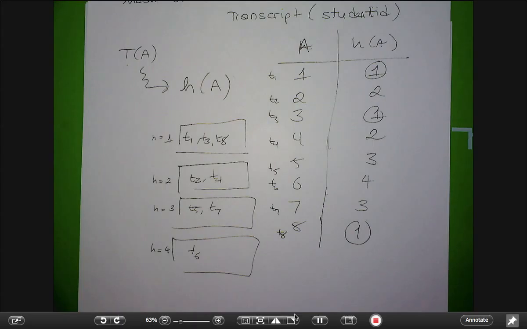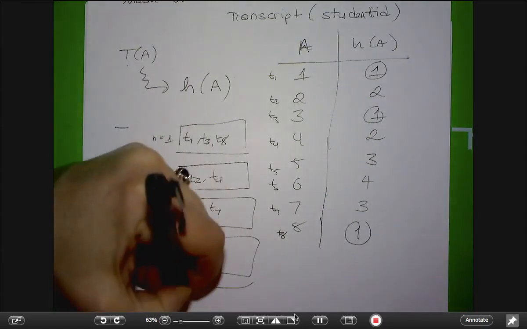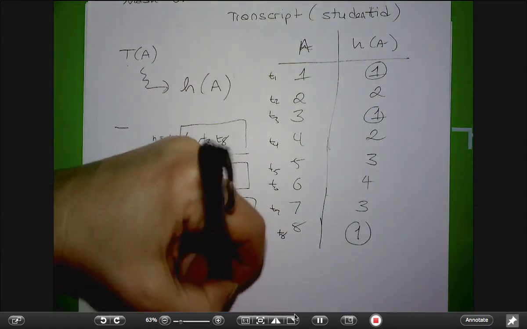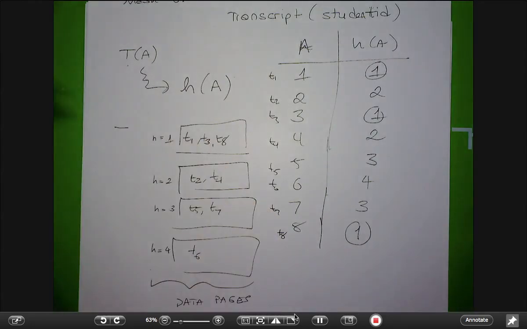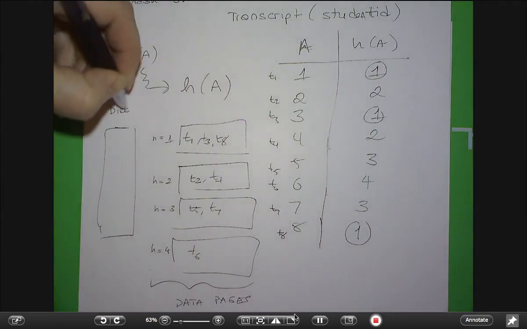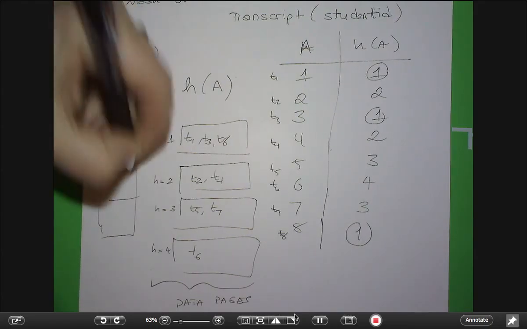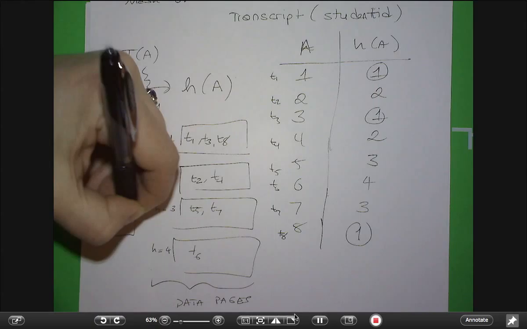And now I need to have a directory that tells me where these are stored. So these are the data pages, and then I'm going to have a directory that tells me where these pages are stored.